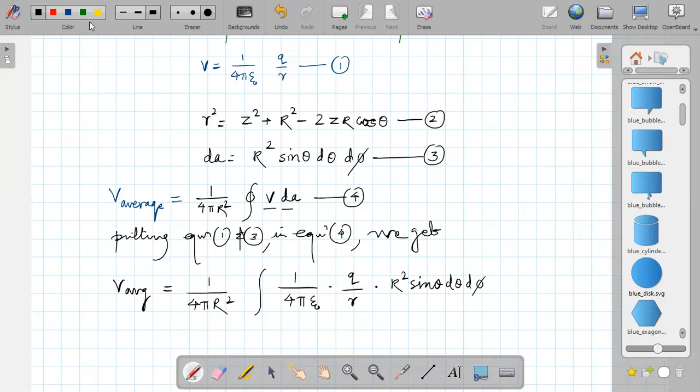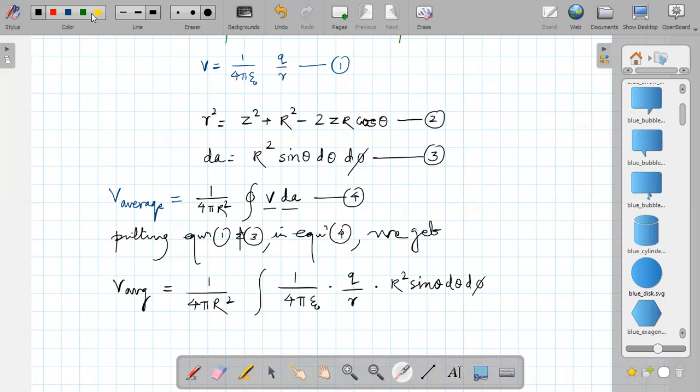Okay, and again from the cosine law, r square is equal to z square plus R square minus 2 times z into R cos theta. And from this equation 2 we can write r equal to root of z square plus R square minus 2zR cos theta. Okay, and therefore see, this is your equation.